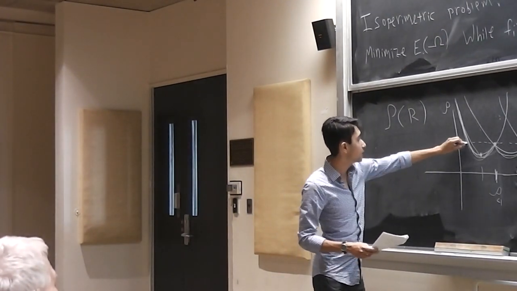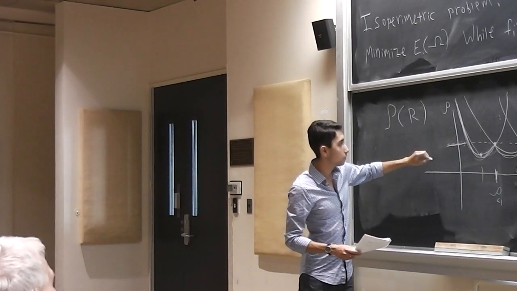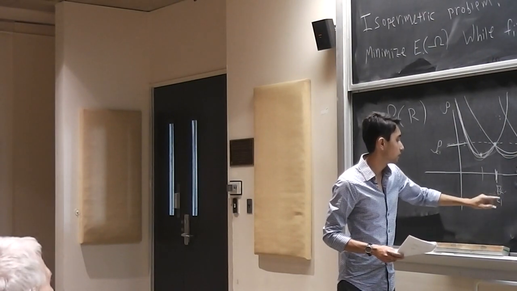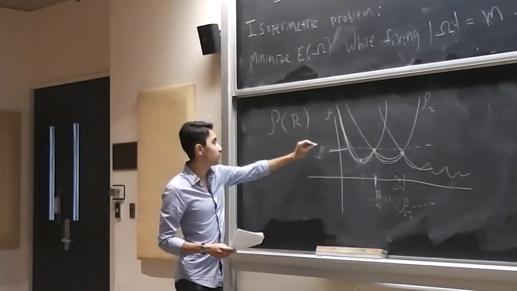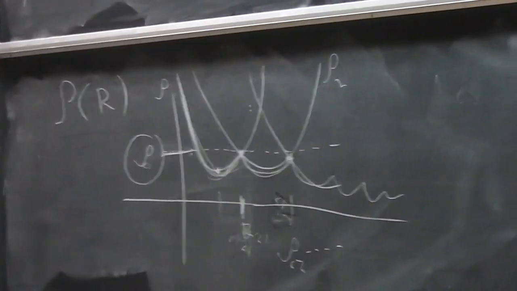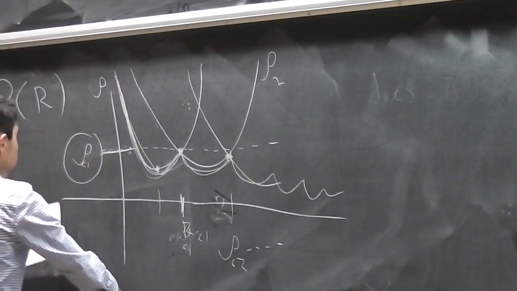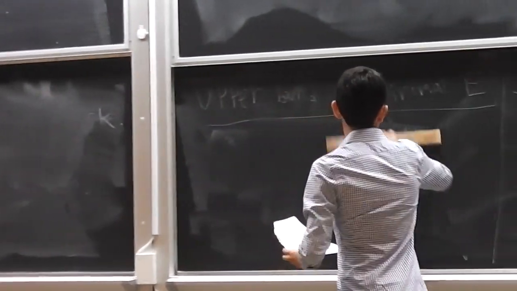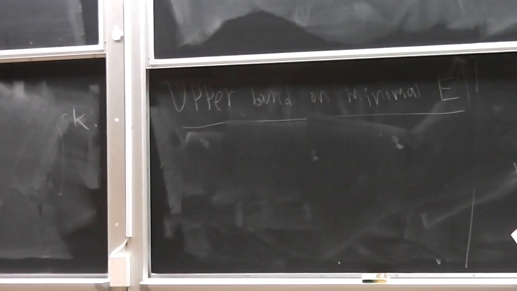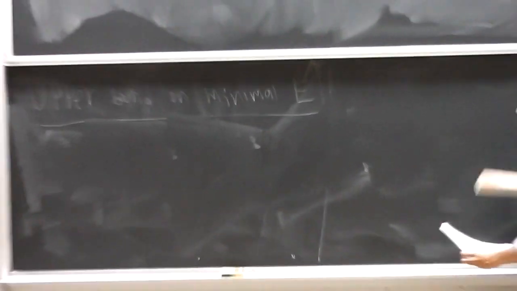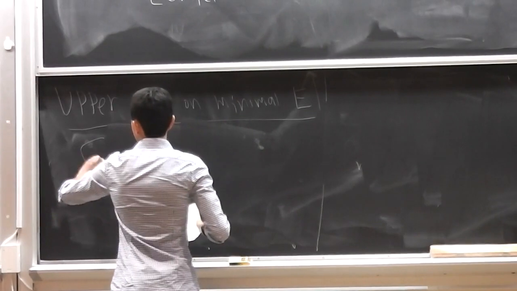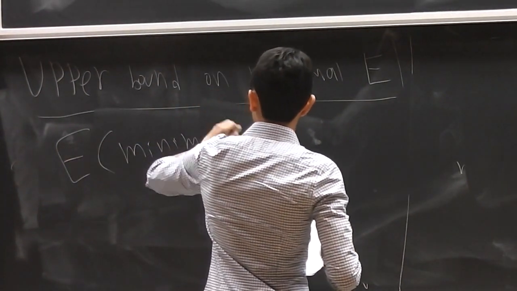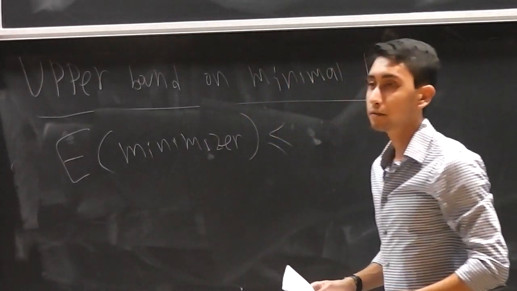Anyway, we have this bound. So say this value here is, actually, this should be RC. Rho is on the y-axis. But anyway, we have this rho C1, and from this we can get an upper bound on the minimal energy. It's going to be a linear bound. So the energy of the minimizer is going to be less than or equal to what?